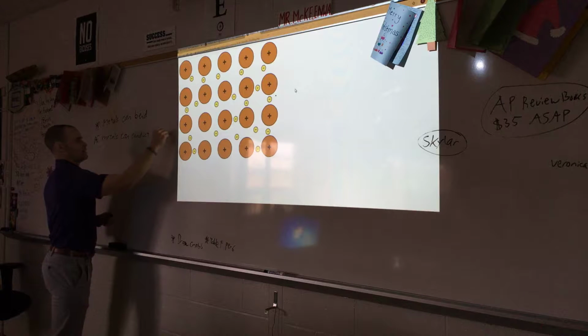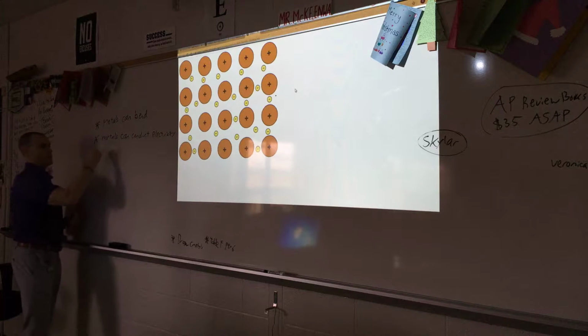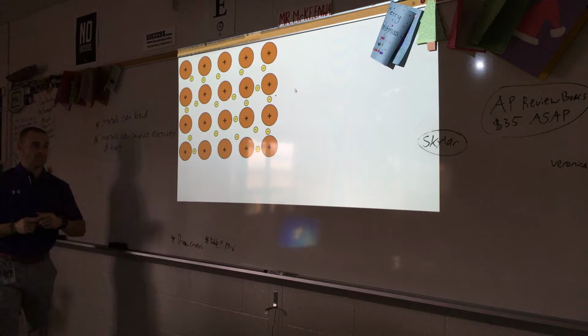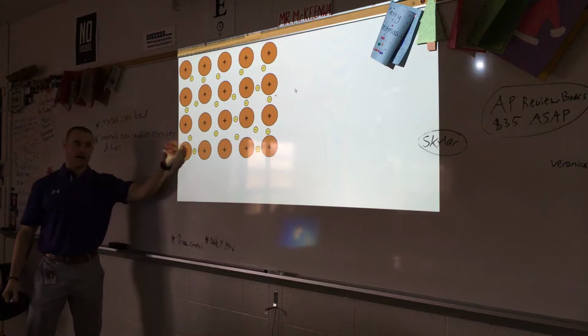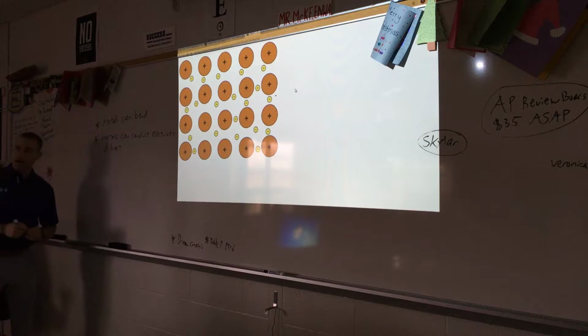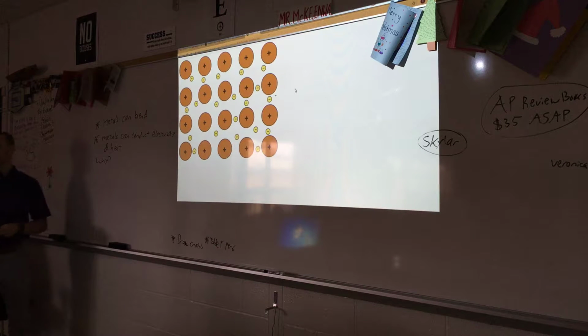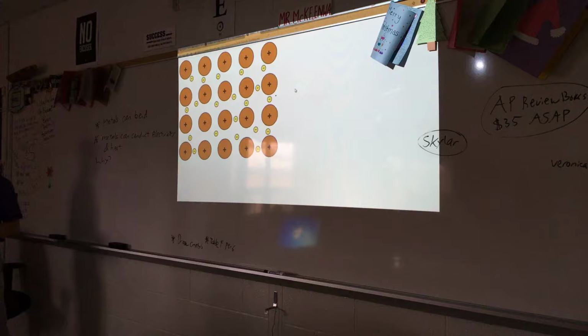What else can it conduct? Heat. That's more because the atoms are so close together, the ions are close together. But I'm going to write why here. Why can metals bend? Why can metals conduct electricity?